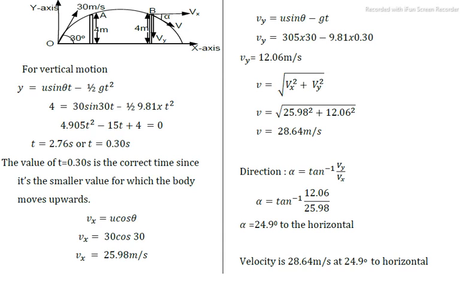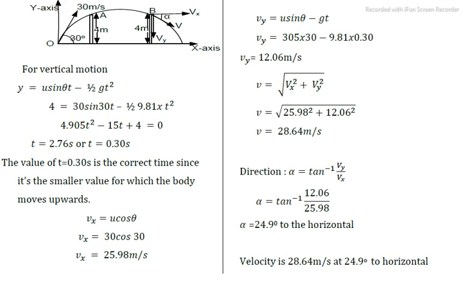The other question was asking for velocity and direction. For velocity, we get the resultant velocity. So we shall get the vertical component and the horizontal component, and then we shall get the resultant velocity using the 2 components.